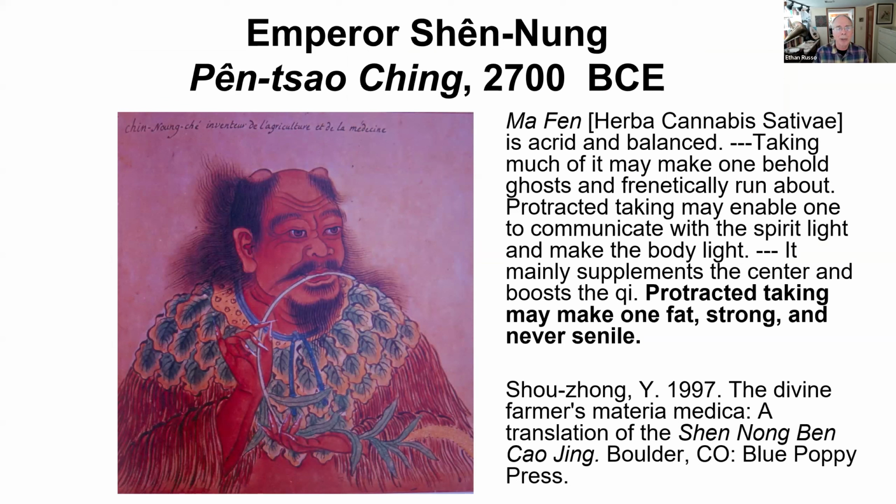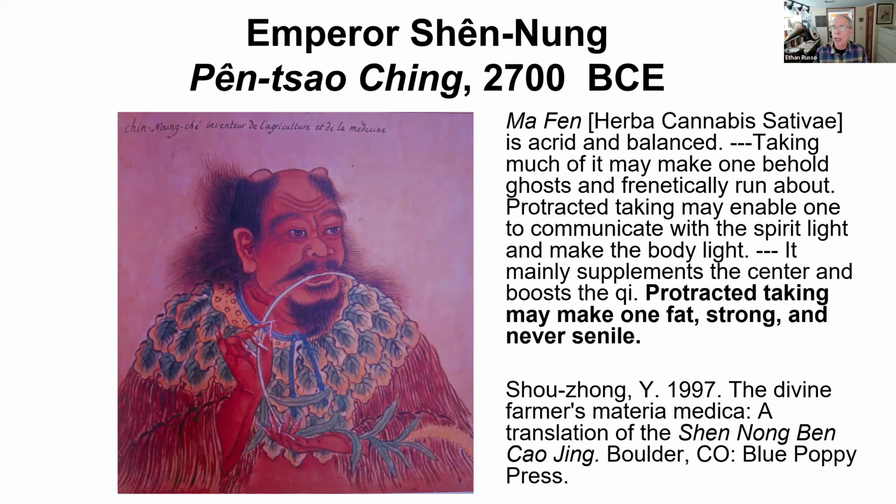This is a depiction of the legendary Emperor Shen Nung about 5,000 years ago, and this is oral tradition. This isn't written. But he was someone that was said to have described medical use of 365 different herbs, which just so happens to be the number of days of the year in the Western calendar. In describing cannabis, Ma Fen is accurate and balanced.